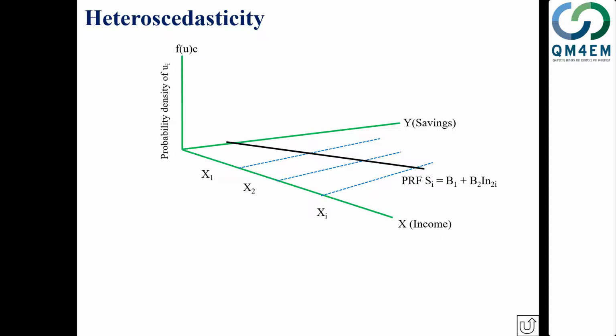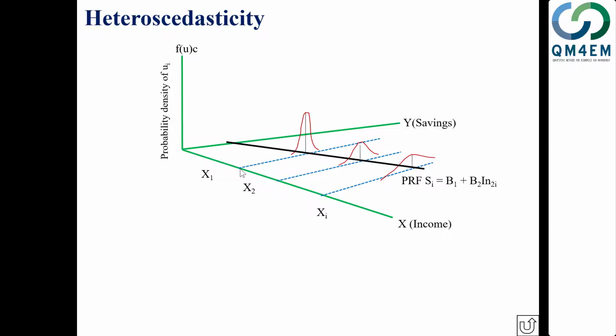For example, the lowest income level has lesser variation, so the distribution looks different compared to the second income level and the subsequently much higher income level. That indicates that people with higher income have much more variation in their saving compared to someone at a lower income level. On average, they have lesser saving variation. So that's a case of heteroscedasticity.